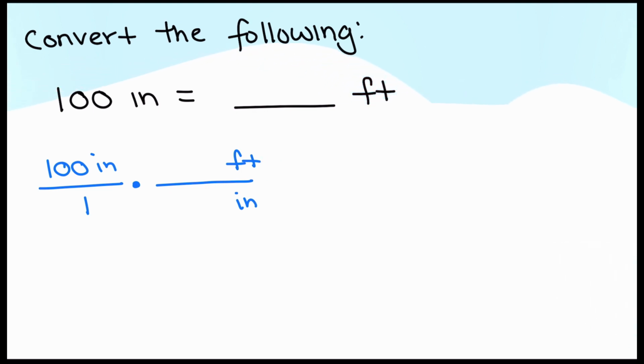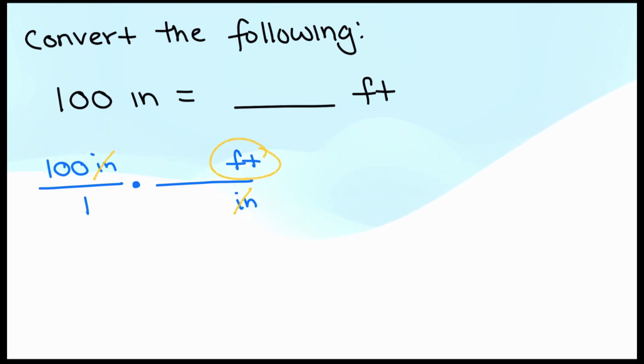And the reason I'm doing this is when we do math with units, the math has to also work with the units. I want the inches to be on the bottom because then I have inches on the top and the bottom. And just like I would cancel out a common factor, I can cancel the inches out and I'm left with feet. And feet is the unit we want.